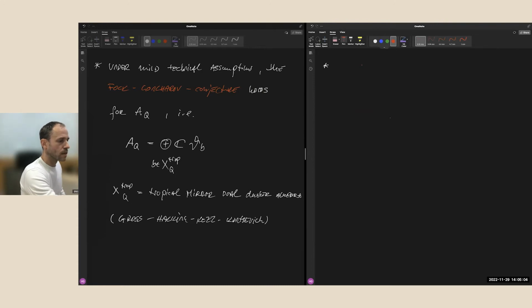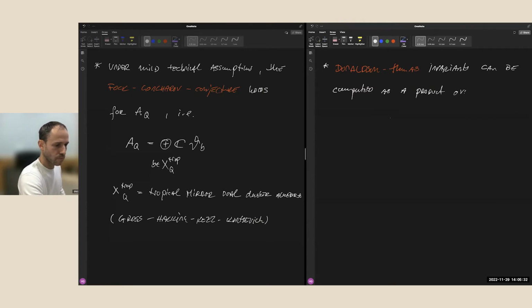So the last thing I want to mention here is that reddening sequences can be used to compute so-called Donaldson-Thomas invariants. And they can be computed as a product over quantum dilogarithms. And this is due to Keller and Gaiotto-Moore-Neitzke.